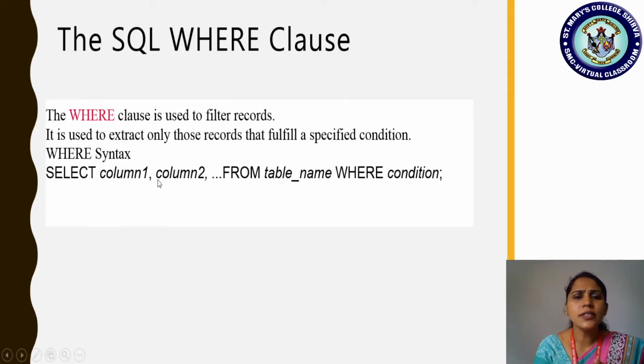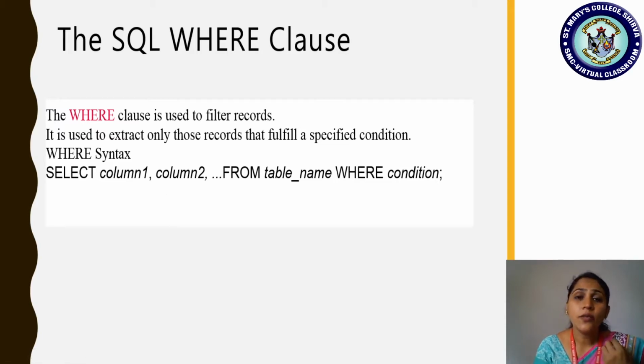In syntax form, you write the column name, the attribute name, which attribute you want to view. Suppose we want to view all the attributes, what will it be in the syntax? Select star, right? So if you want to view all the columns, select star.